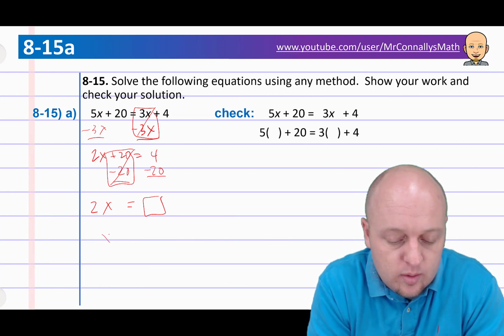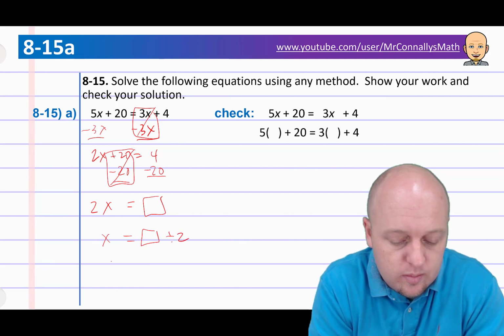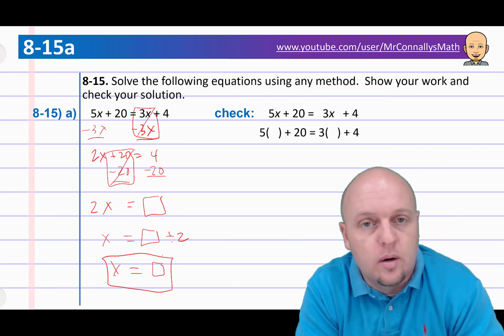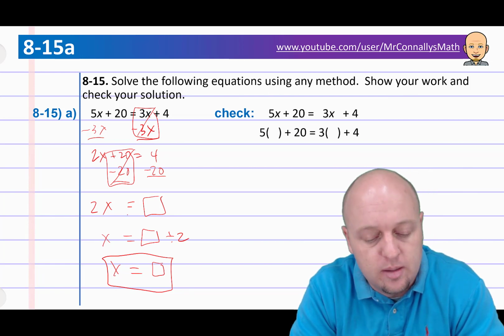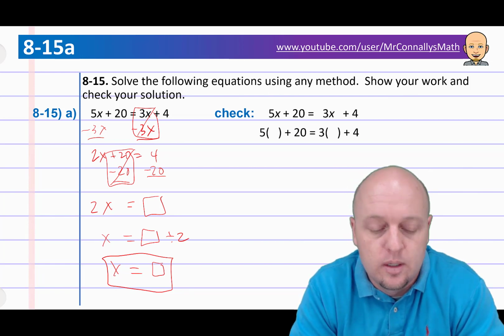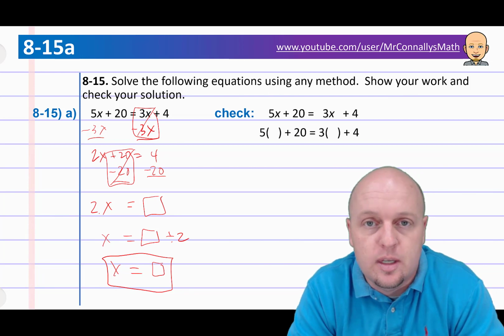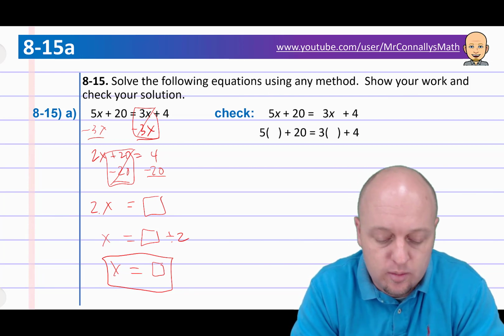We know x will equal that number divided by 2. Okay, so 2 times the number equals the box, so x will equal the box divided by 2. We'll work backwards, use an inverse operation. Instead of multiplying by 2, we divide by 2.